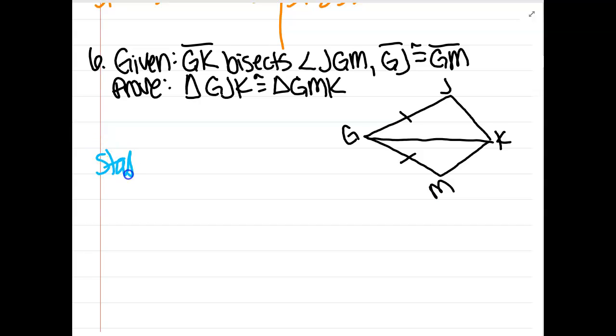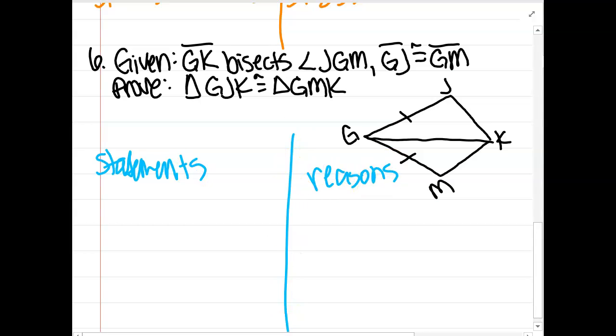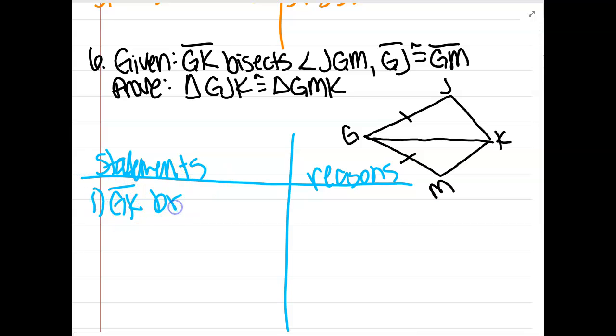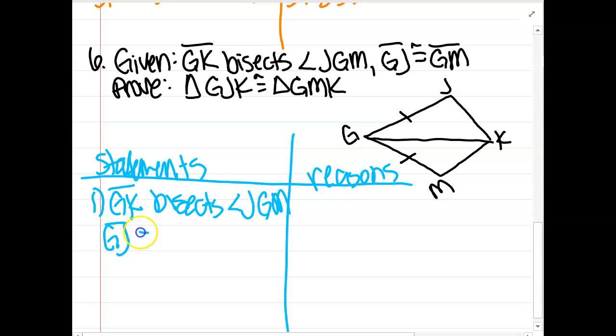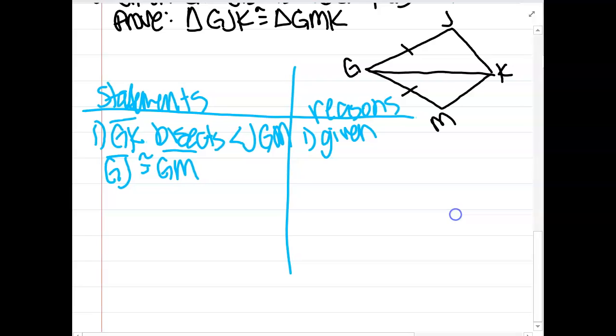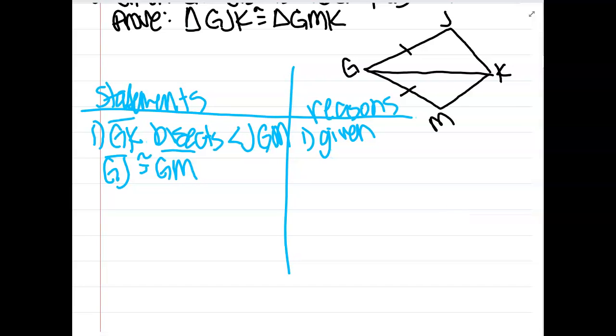Okay, so let's start this one. So our statements and our reasons. Our first statement, copy that down. Side GK bisects angle JGM, and GJ is congruent to GM because of the given. Okay, now I know it bisects that angle, but then I have to say, since it bisects it, what does that tell me that's helpful?